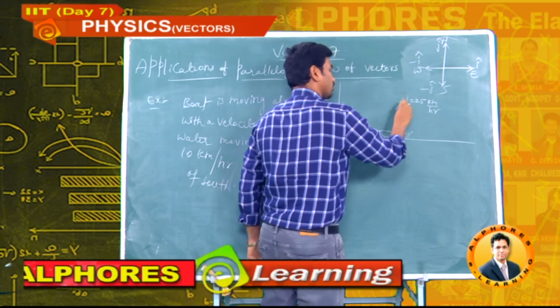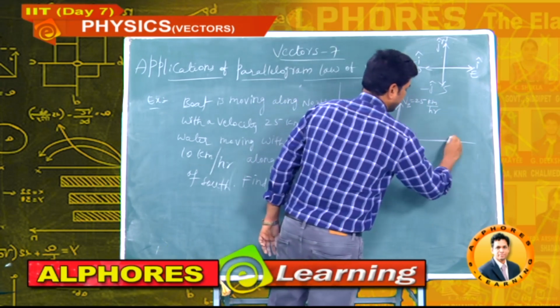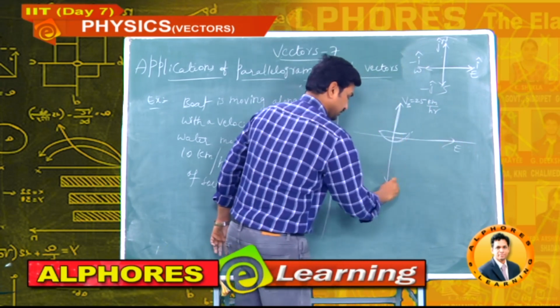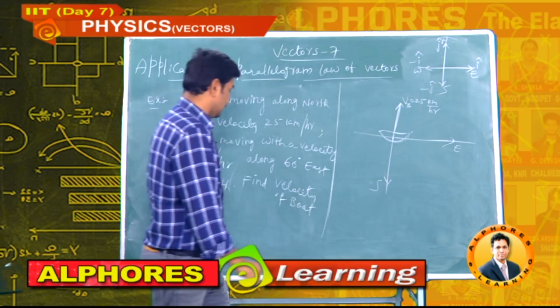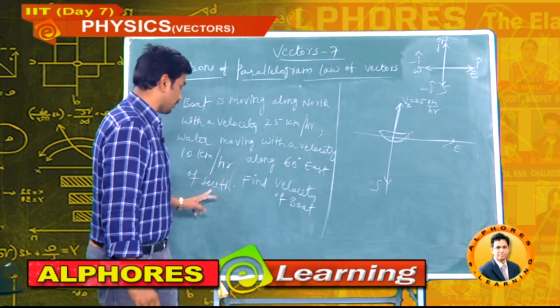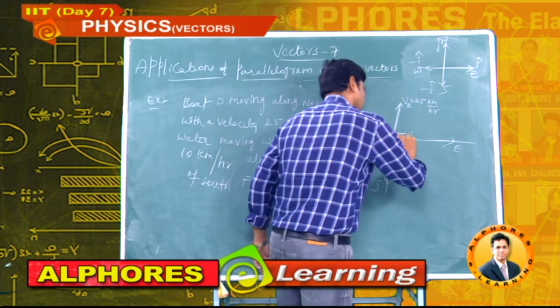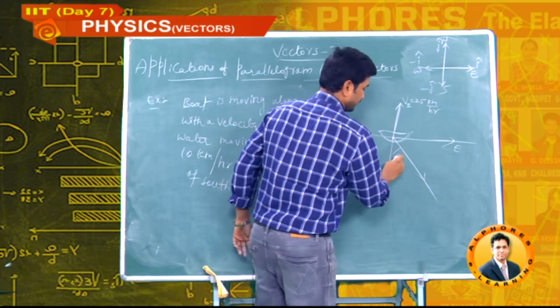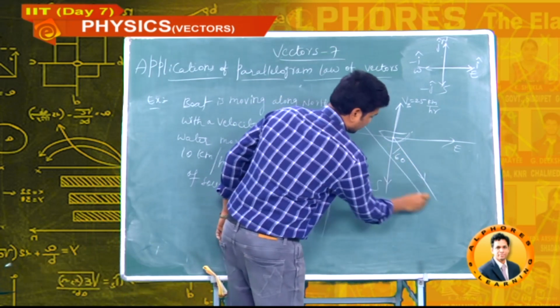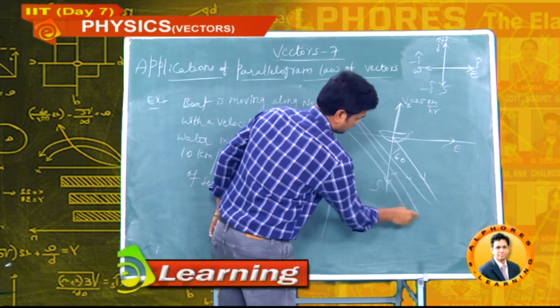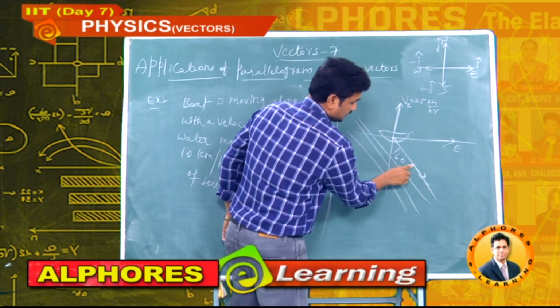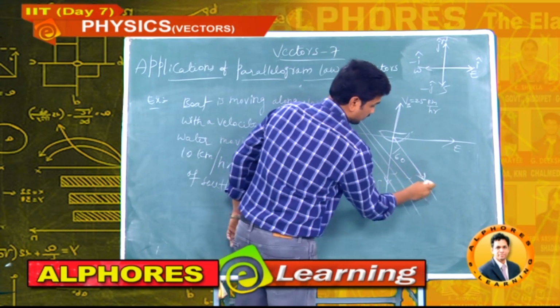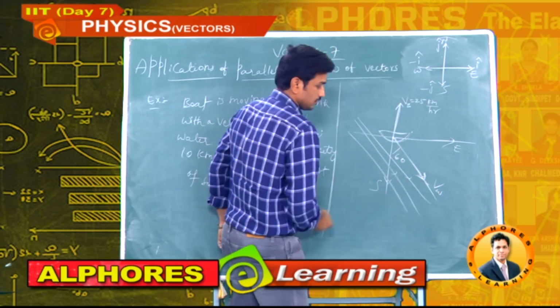In this direction the boat is going. Now, this is east, this is south. 60 degrees east of south, this is water. So now you can feel water going in this direction. See, parallel, this is the direction, it is the velocity of water.